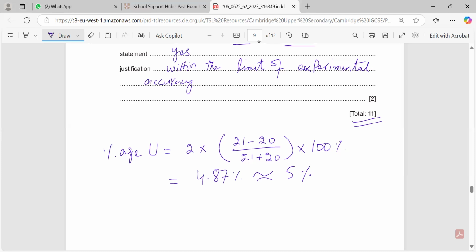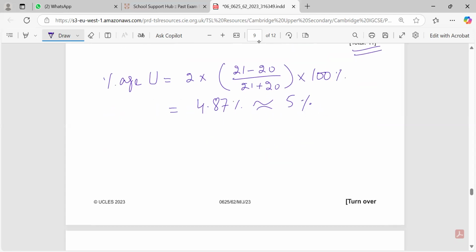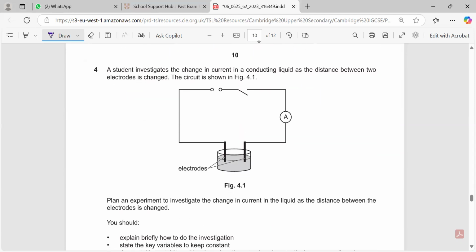Now let's move to the planning question. A student investigates the change in current in a conducting liquid, an electrolyte, as the distance between the two electrodes is changed. So the change in current is the dependent variable, because it depends on the distance between the electrodes.